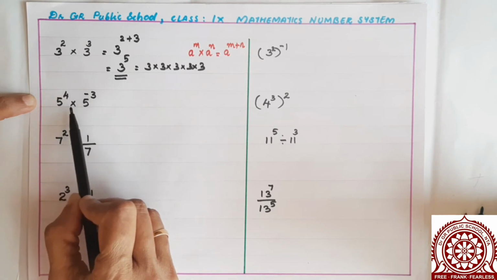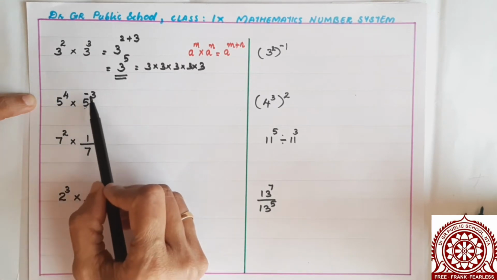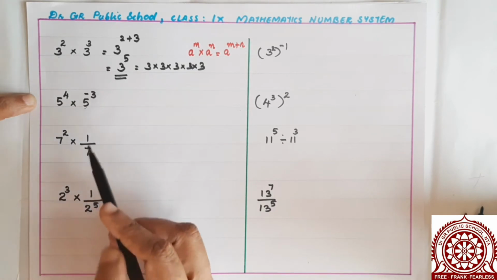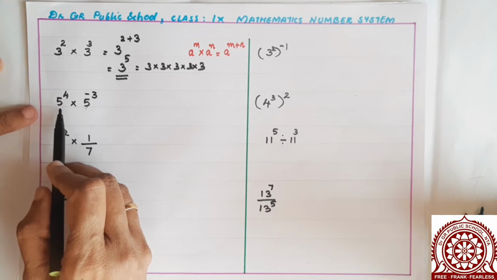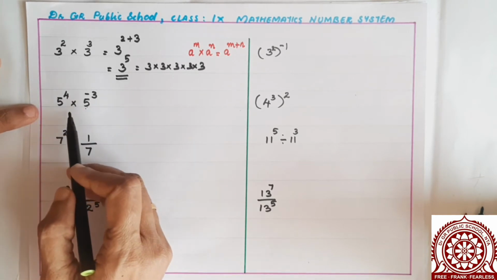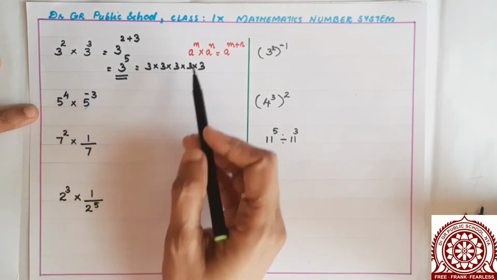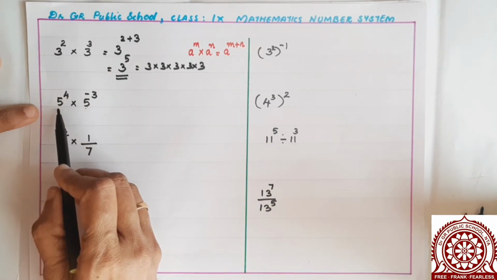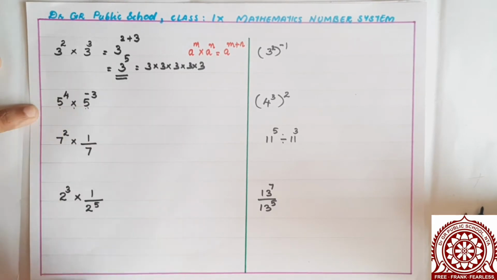5 raised to 4 multiplied by 5 raised to minus 3. Okay. So, last year you have studied the numbers with negative power. But here we don't want to go for that type of question. Here again we can apply, it is of the form a raised to m multiplied by a raised to n.